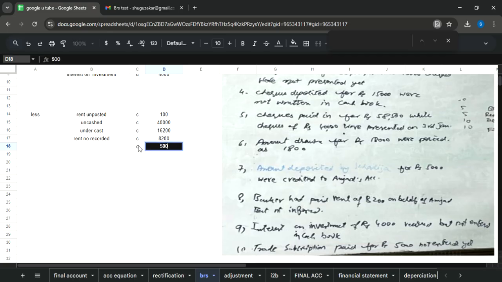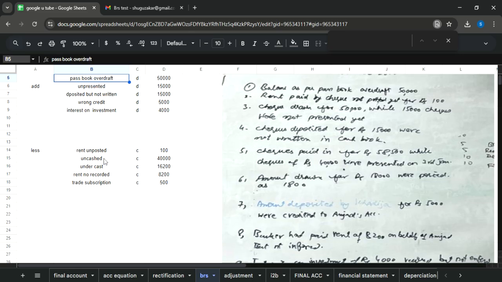Okay, so in this way our question has been completed. The last entry was trade subscription. Let's write it down over here.